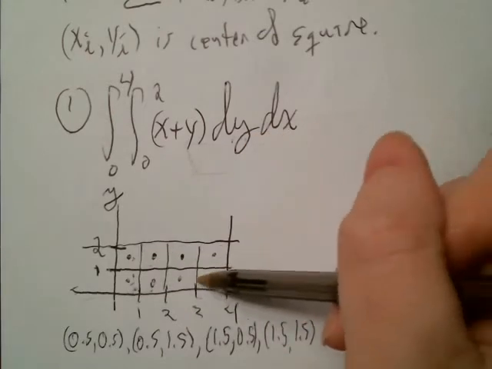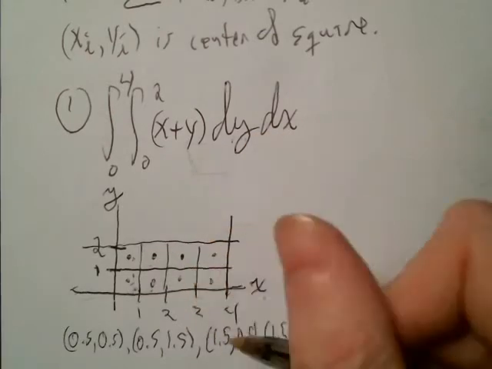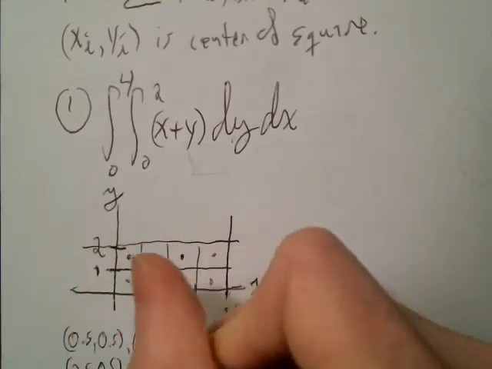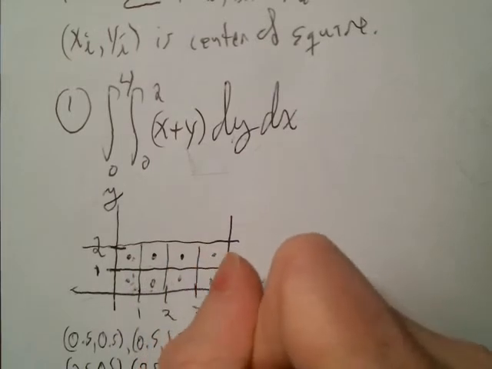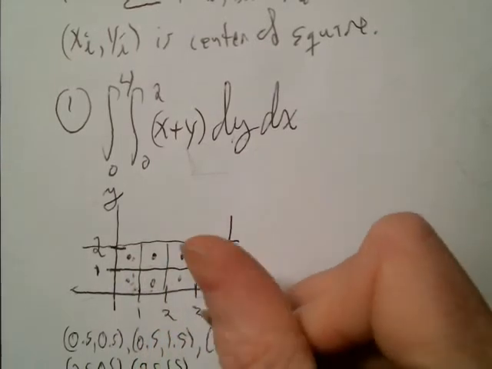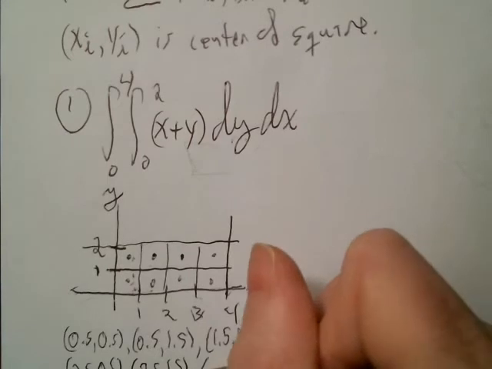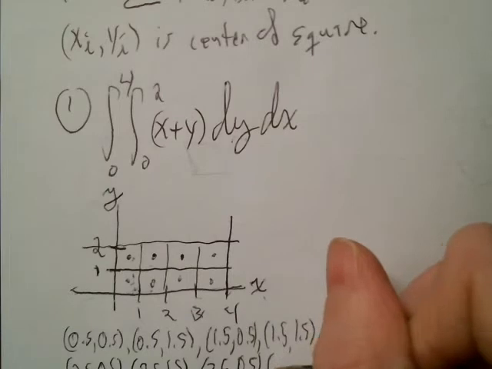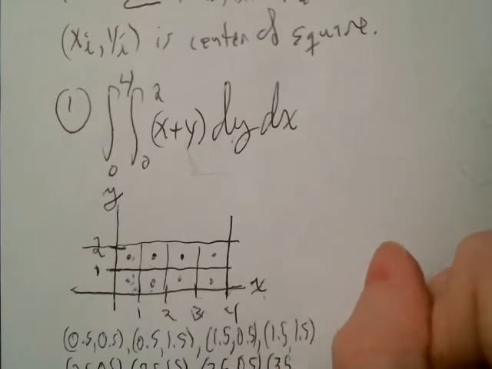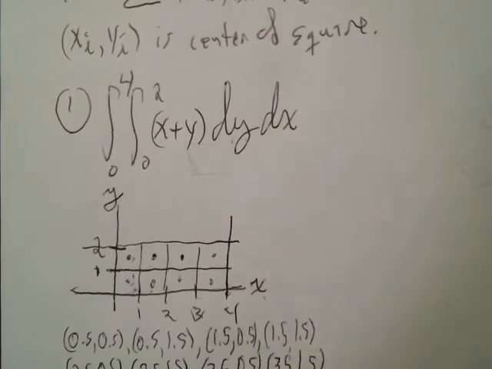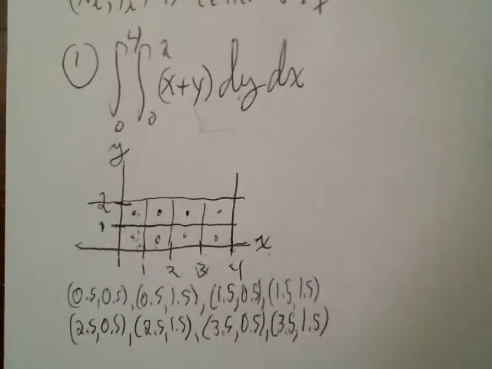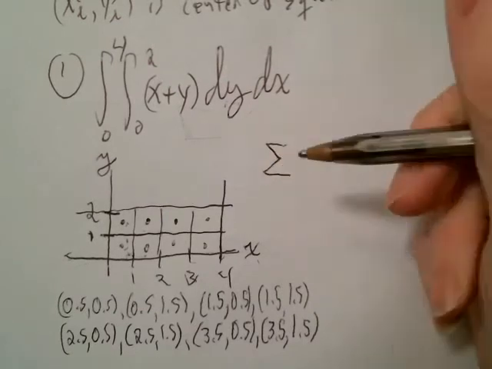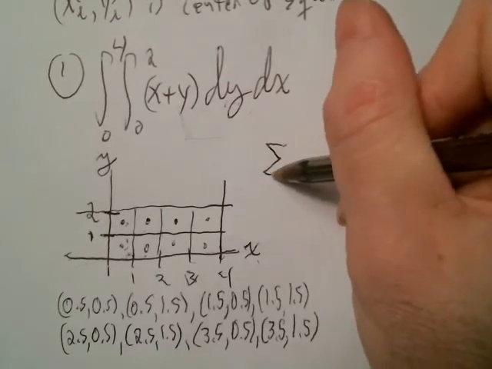And then these, so 2.5, 0.5, and then 2.5, 1.5, and then 3.5, 0.5, and then 3.5, 1.5.